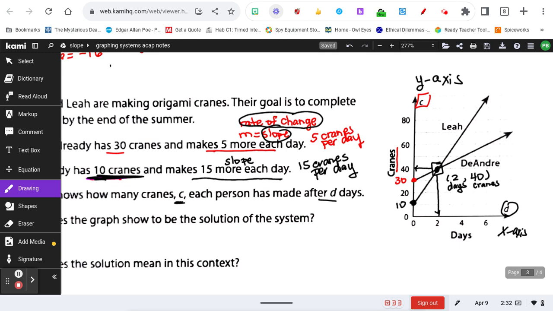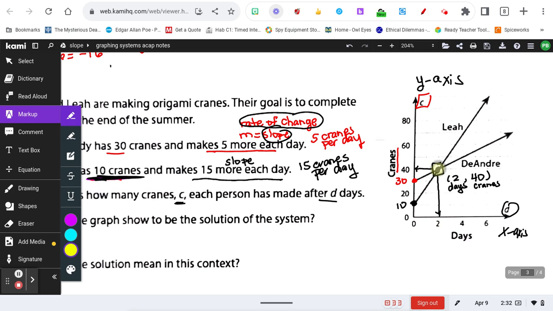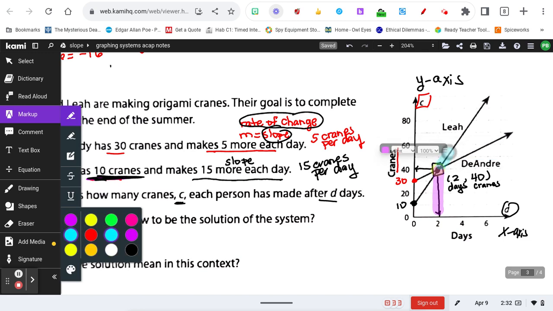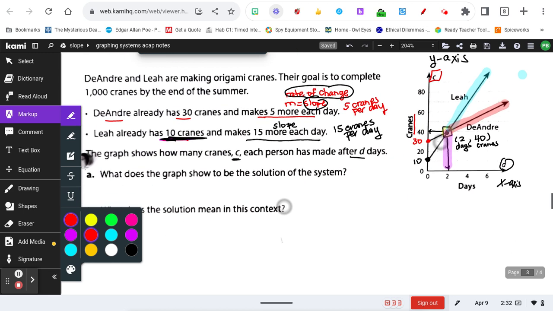But after the second day, Leah passes DeAndre, and you can see that they have the same thing right here on day 2. But then after day 2, look what happens. Leah's graph goes above DeAndre's graph. So after day 2, she'll always have more than he has.